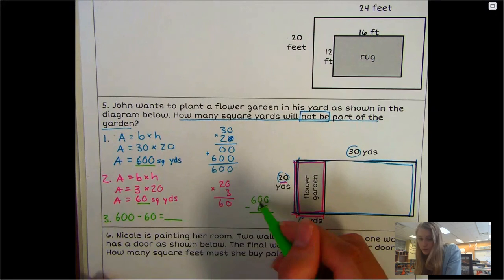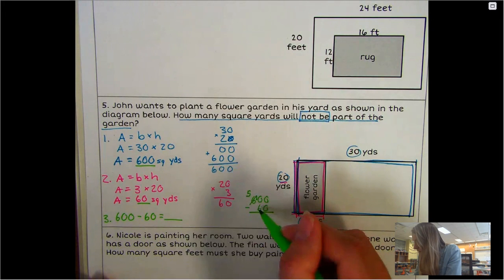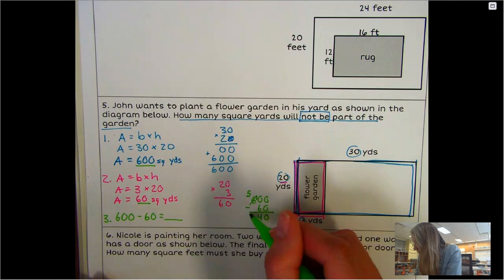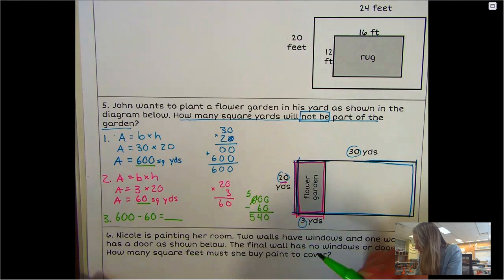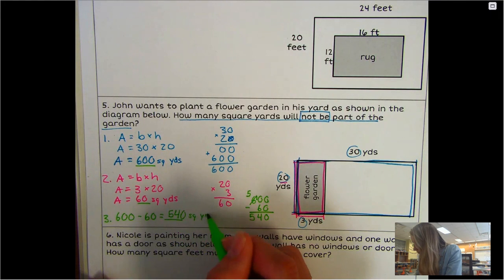Now we can't take 6 away from 0, so we have to cross that off, and we turn that into a 5 and give 10 over there. Now I have 10 minus 6. I have 4, and then nothing subtracted here from our 5, so we still have 5. So our answer would be 540 square yards.